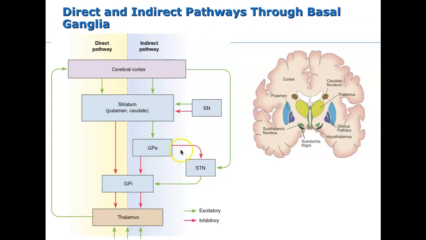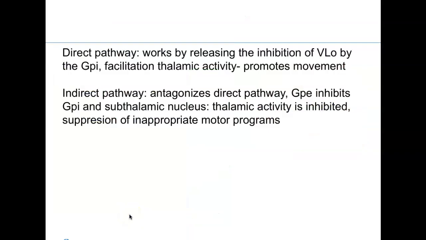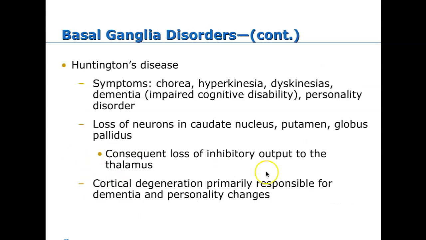Okay, here is the GPE and GPI, the two portions of globus pallidus that are inhibitory on the VLO, ventrolateral nucleus of the thalamus. When you lose those, you have chorea or hyperkinesia. These people look like they are dancing at all times.